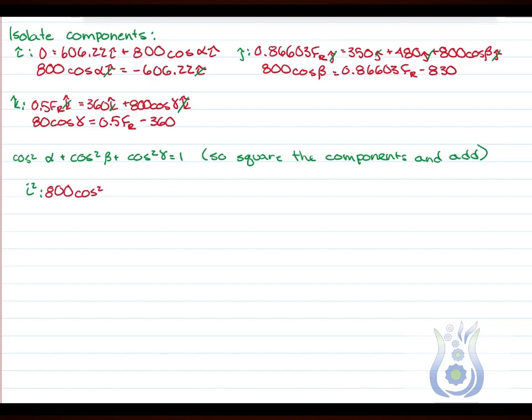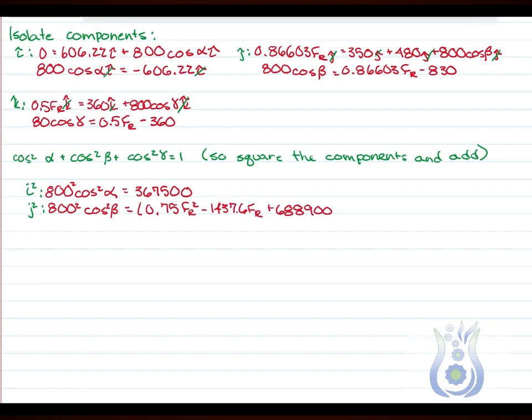Squaring j, we have 800 squared cosine squared beta equals, and I've already squared this out, 0.75 FR squared minus 1,437.6 FR plus 688,900. Then squaring k, I also calculated that out, so it's 800 squared cosine squared gamma equals 0.25 FR squared minus 360 FR plus 129,600.